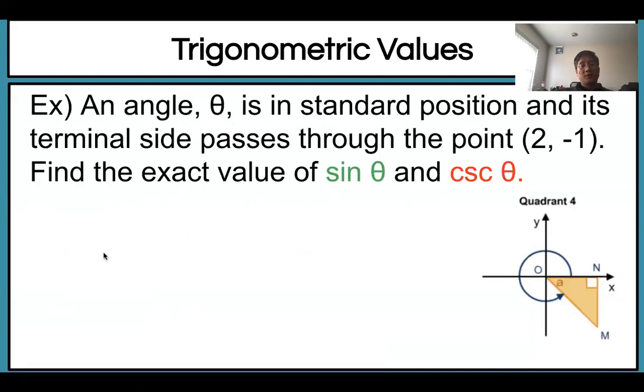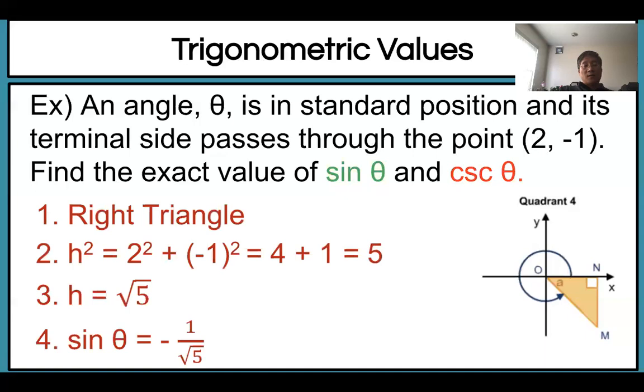Yes, the Pythagorean theorem. H squared is equal to 2 squared plus (-1) squared, right? Remember when you square negative numbers, you should put them in parentheses or your calculator will give you the wrong answer. So h squared will be 4 plus 1, which is 5.